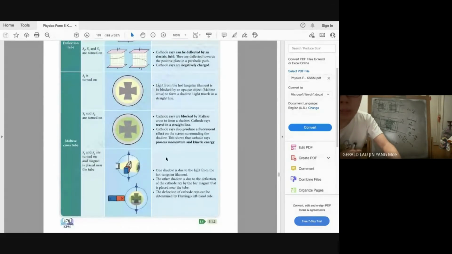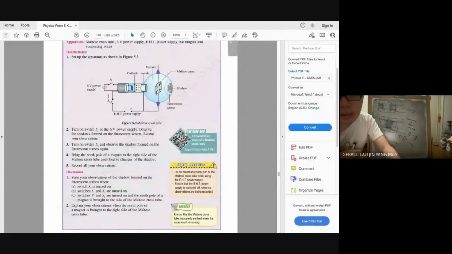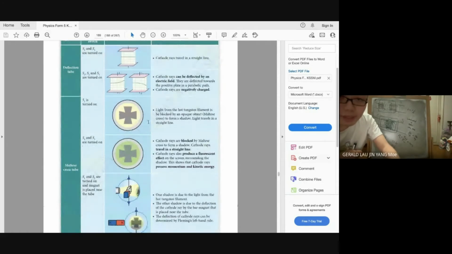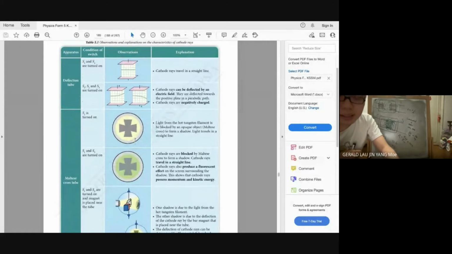Now, how about the Maltese cross tube? Look at S1, S2. S1 heats up already. S2 activates not just this circuit, the EHT power supply, but also the Maltese cross. Now if I activate S1 only, there will be thermionic emission.